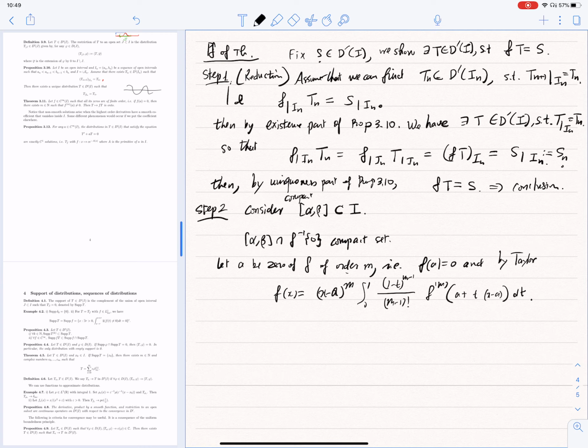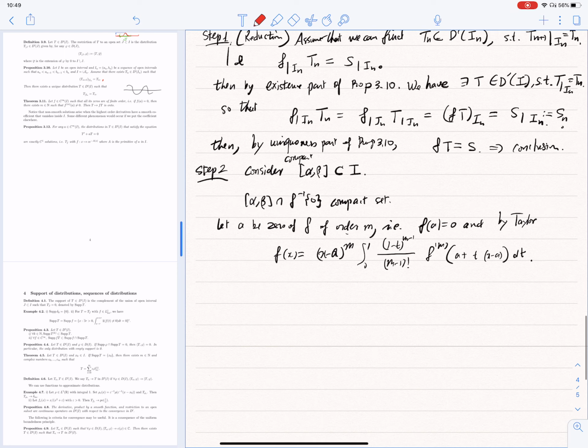The point is that we can actually write the function as a polynomial type times a non-zero function. So here's the crucial point. This function is not zero in a neighborhood of A. Let's call the neighborhood J_A. It's an open neighborhood of A.